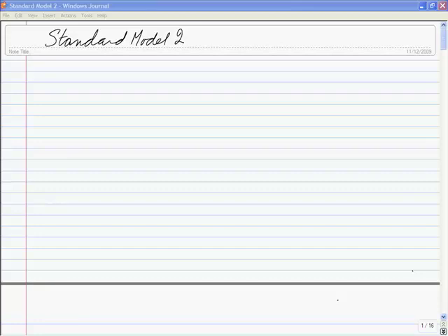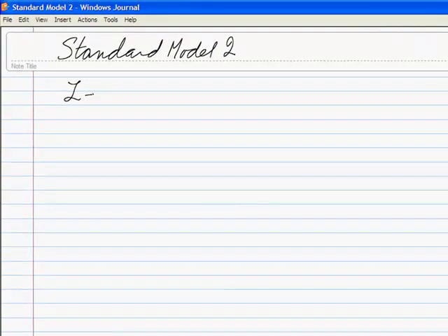Okay, so at this stage we have the standard model with the Lagrangian so far having three terms. There's minus 1/4 F squared for the U(1), minus 1/4 F squared for the SU(2), minus 1/4 F squared for the SU(3).